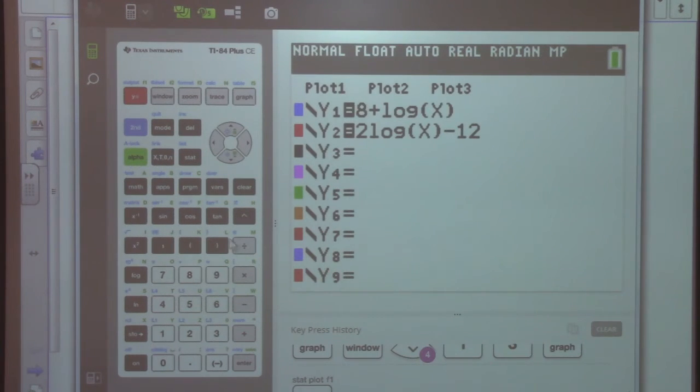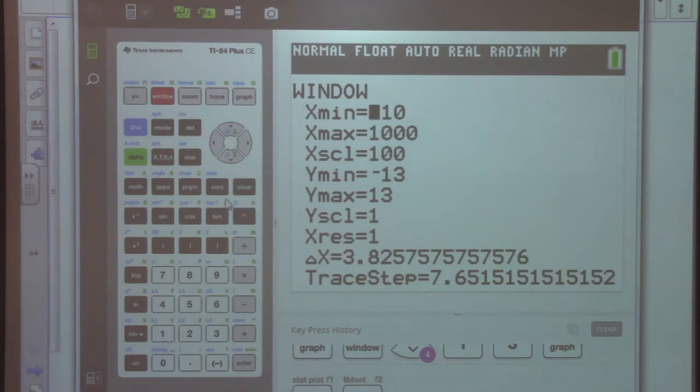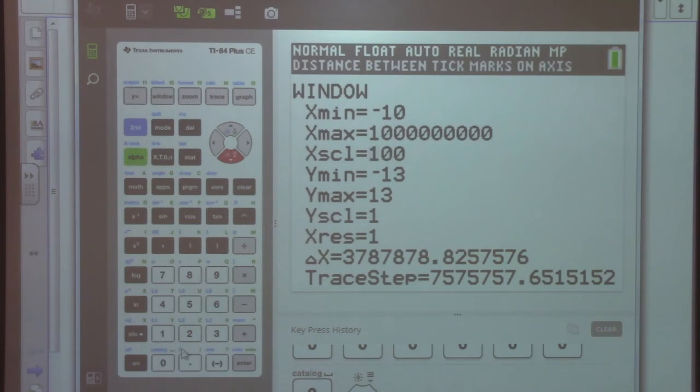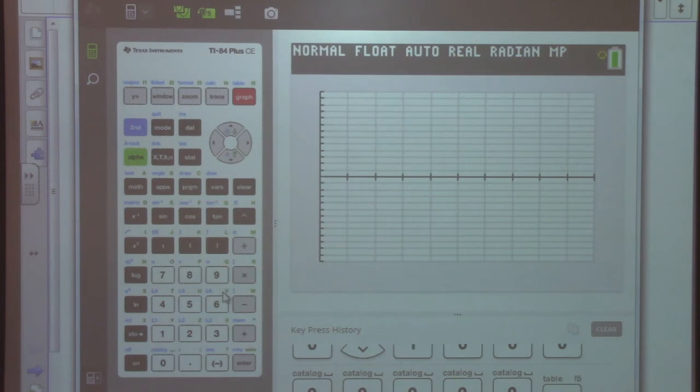So we can try greater windows. We can try 1,000,000, or 1,000,000,000. Oh, Lord. Okay, we can go by x scale of 100 million.